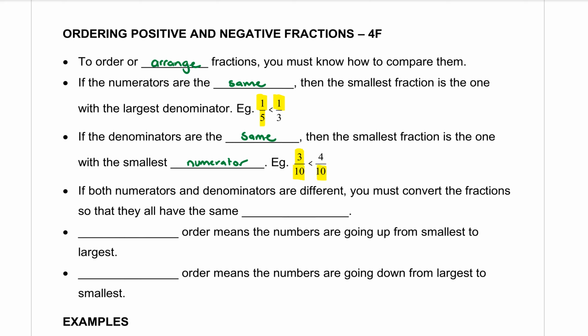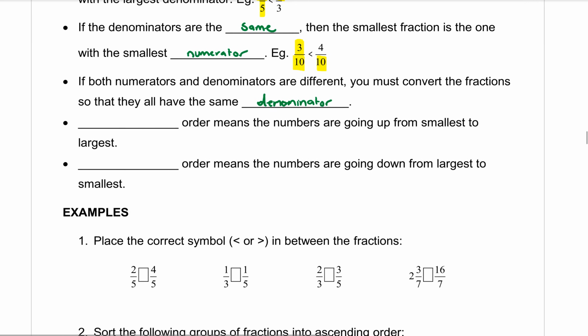If the numerators and denominators are both different, you must convert the fractions so that they have the same denominator. Okay, and we're going to be comparing them by putting things in ascending and descending order.